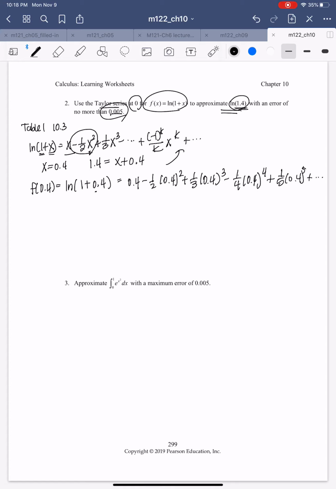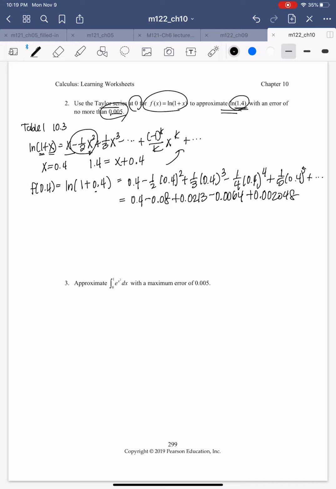So changing everything into decimals, I'm going to have 0.4 minus 0.08 plus 0.0213 minus 0.0064 plus 0.002048. Those are my decimal points.